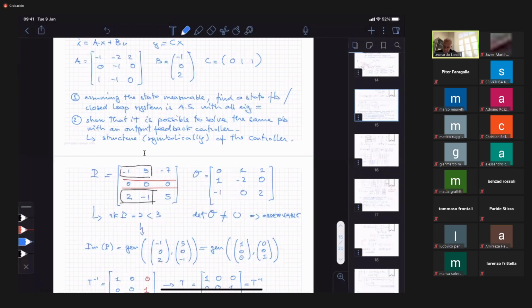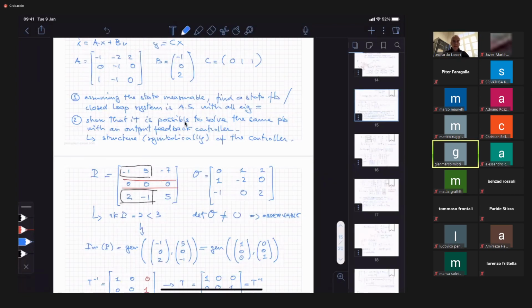If the first question had no answer, then the second would not have an answer, of course. We cannot achieve by output feedback what we cannot achieve by state feedback. It's a necessary condition. Okay?